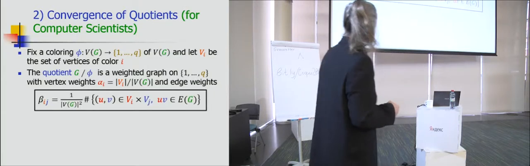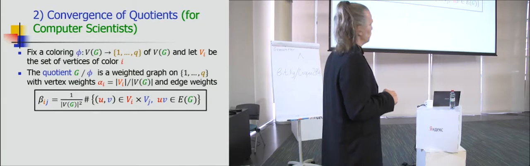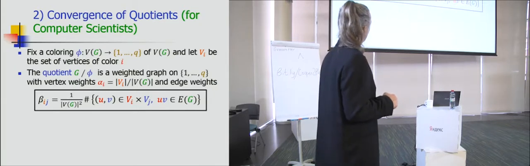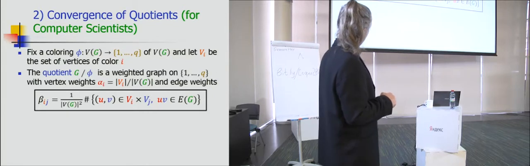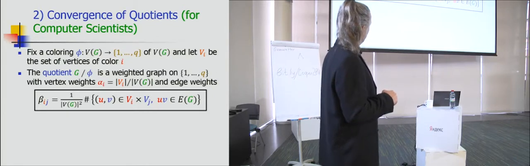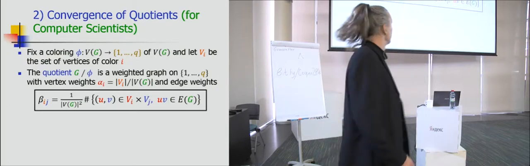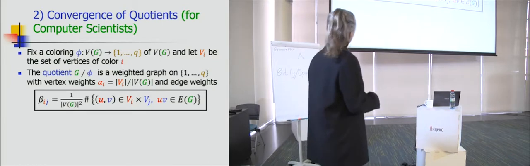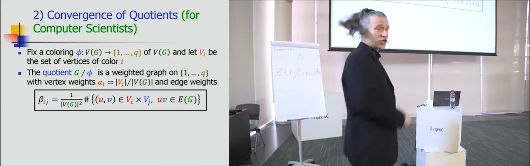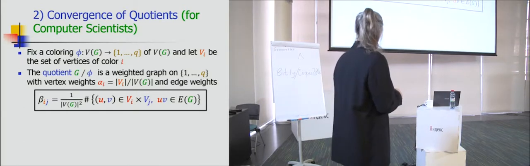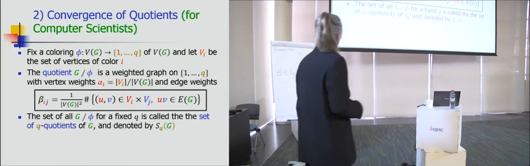And the second kind of information I keep, I look at how many edges go from red to blue, and how many edges go from green to blue, and so on. And then I normalize by the total number that could be, but it can never be more than 1 over n squared. So if you have this large graph, now you color it and you keep just this much less information about how many edges go between different colors and how big the different color classes are.